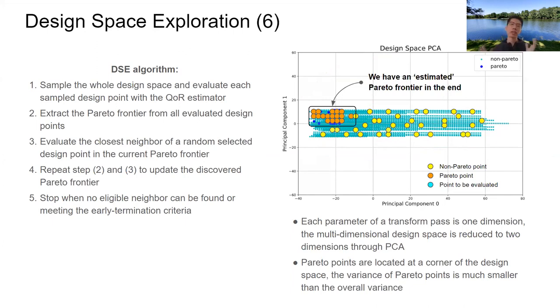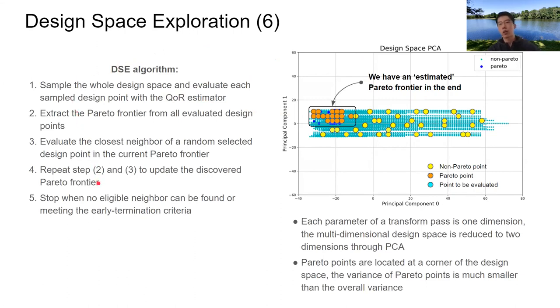Because we cannot do an exhaustive search, this is not the real Pareto frontier. But as long as we have enough iterations, it should be close to the real Pareto frontier and give a reasonable design space exploration result. So this is the current DSE algorithm in ScaleHLS.